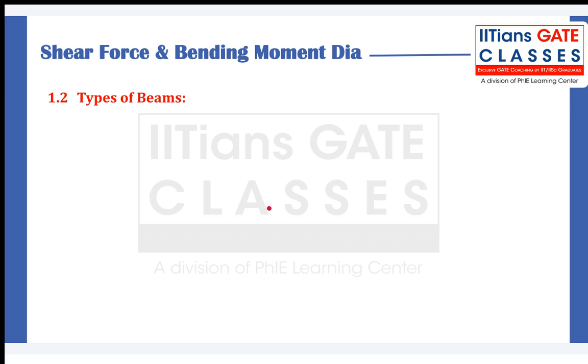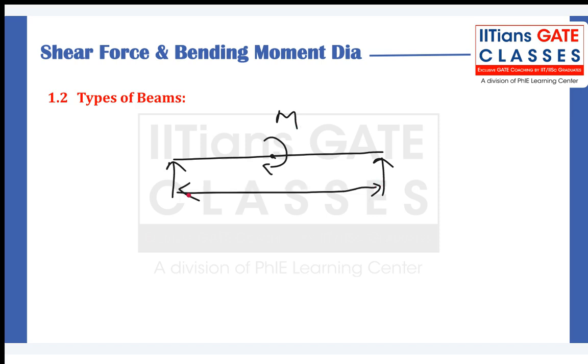You have a simply supported beam, usually drawn like this, and it is subjected to a point moment M, applied at the mid of the beam. This length is L.